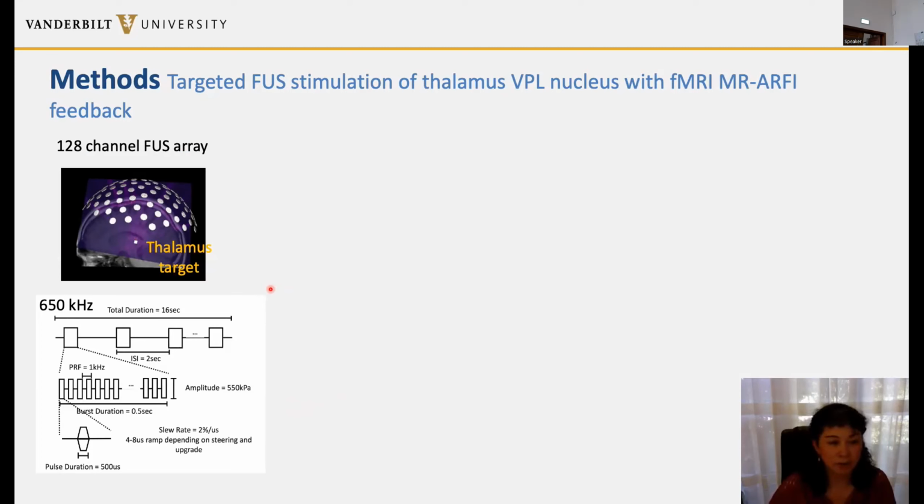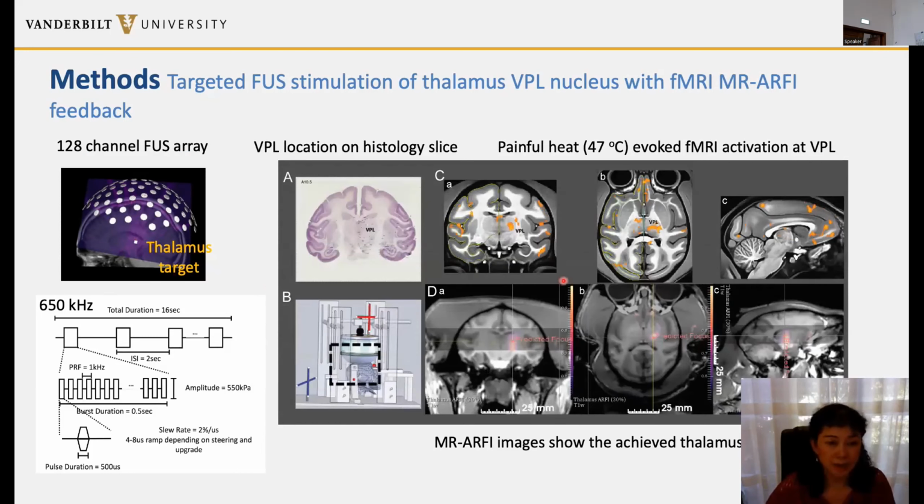This image shows you how we identify the VPL nucleus using functional imaging at each individual subject level. The purpose is to customize the targeting in each subject. Before ultrasound stimulation, we acquired functional imaging data when delivering painful heat stimulation on the hand.